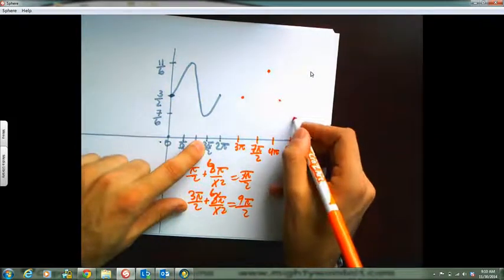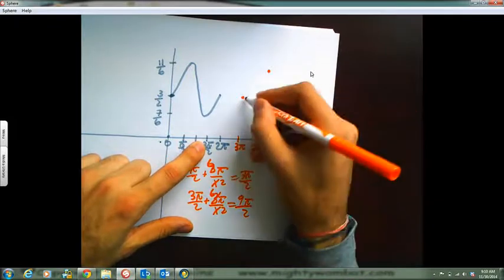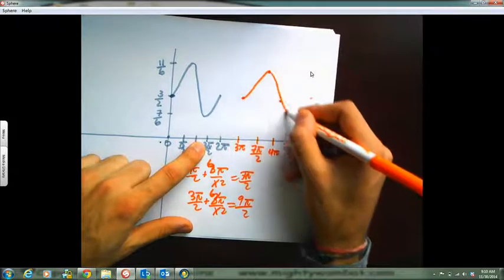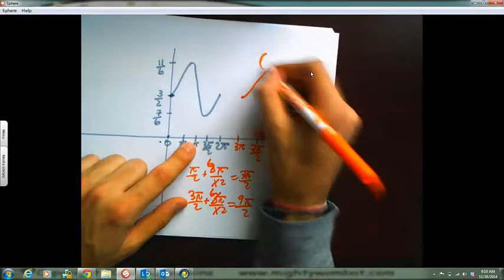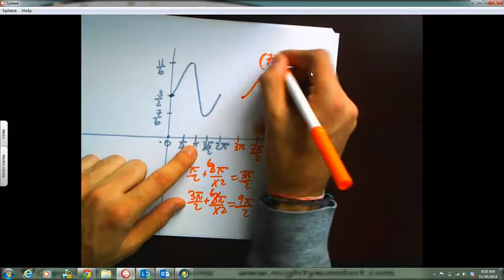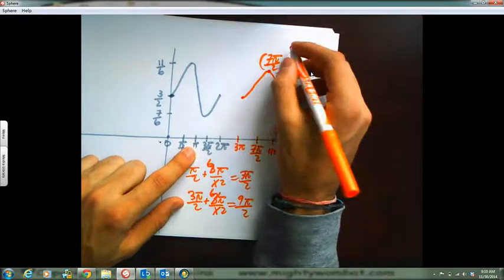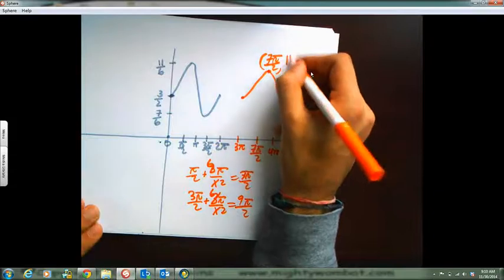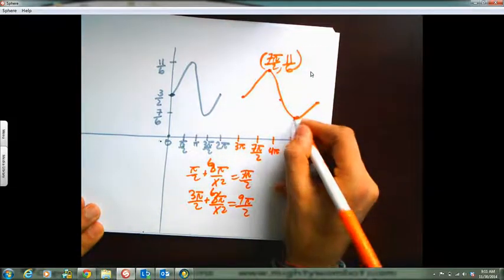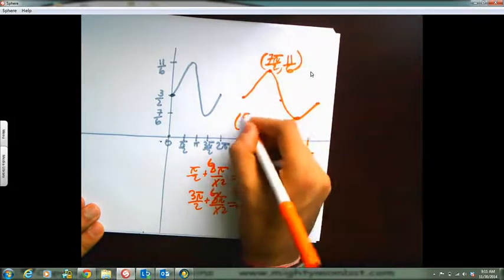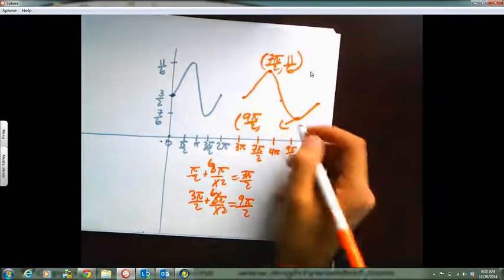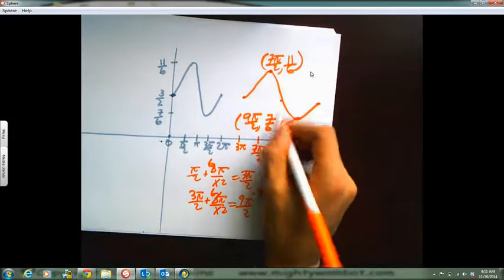And we come up, down, up. We can label this as 7 pi over 2, comma, 11 over 6. We can label this minimum as 9 pi over 2, comma, 7 over 6. And there is your final graph.